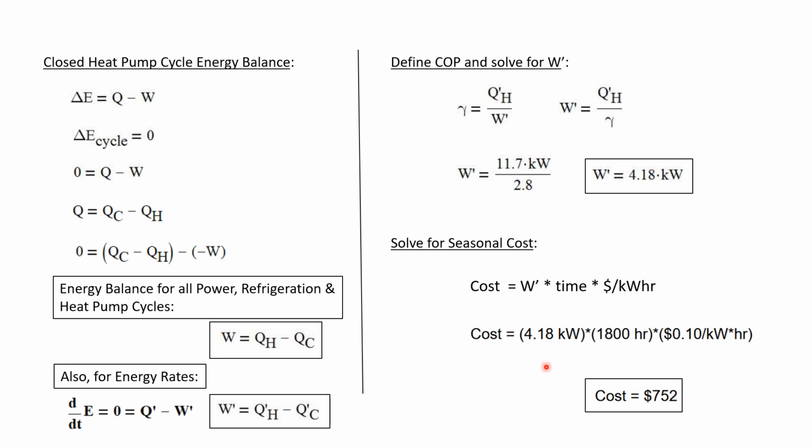And so we have a power rate of 4.18 kilowatts to operate the heat pump, operating it over a period of 1,800 hours at a cost of 10 cents per kilowatt hour. So during that season, this heat pump would cost $752 to operate.